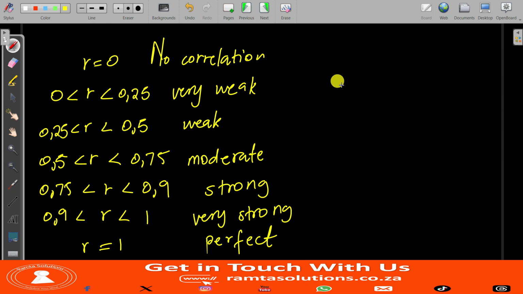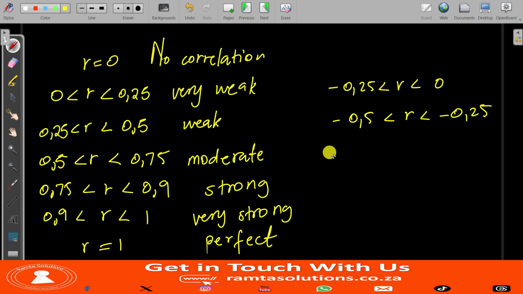Now, what about a negative? Now we can say when R is greater than negative 0.25 but less than 0. Again, when R is greater than negative 0.5 but less than negative 0.25.